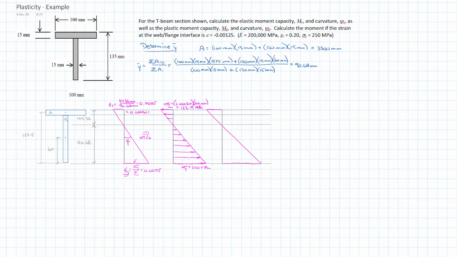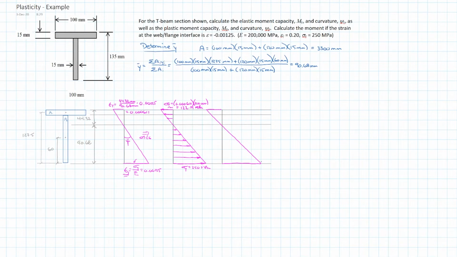Well, what I need to do now is to break it up into easily usable geometric shapes, but I also have to make sure that each of those shapes has the same width or thickness within the cross section.